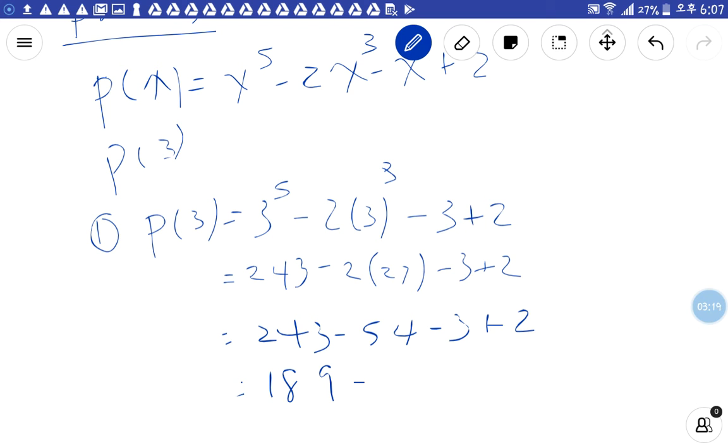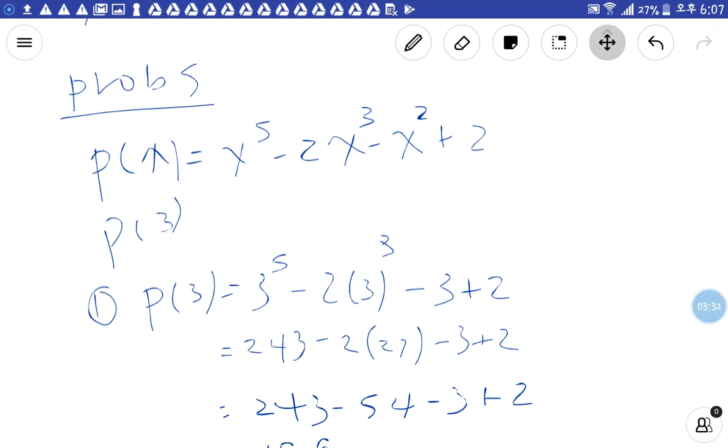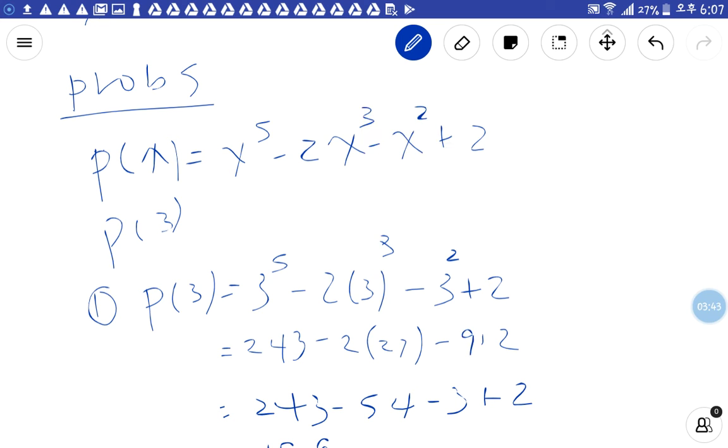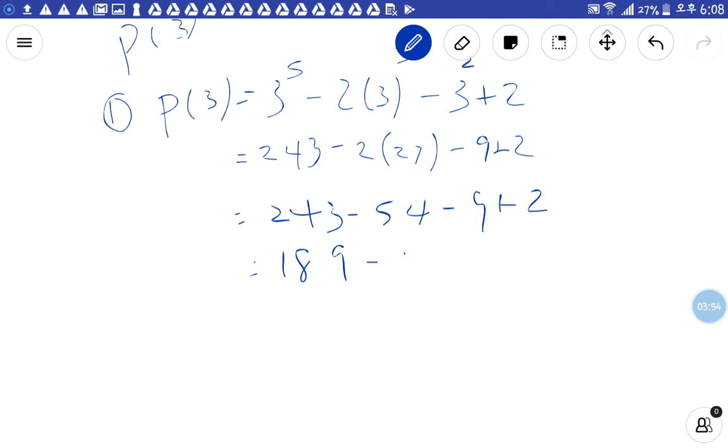Oh, that was x squared, I didn't see because it got blocked. So 3 squared, that should be 9 here. Okay, so 189 minus 9 plus 2, which is 182.